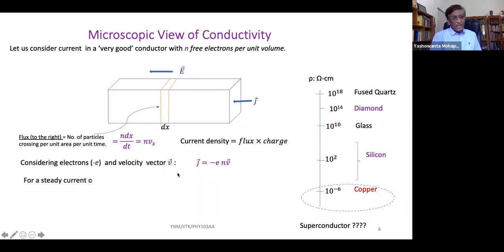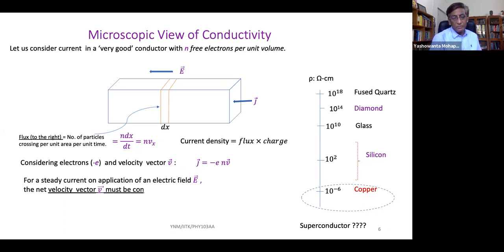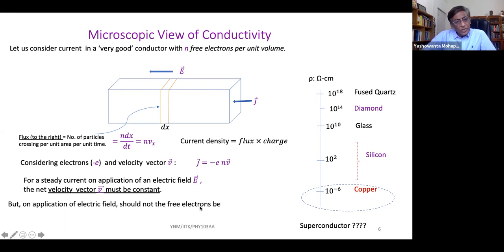Now for a steady current on application of an electric field E, the net velocity vector must also be constant, because this current is steady. It is not time dependent, hence the velocity also must be constant. But on application of an electric field, should not the free electrons be accelerated?